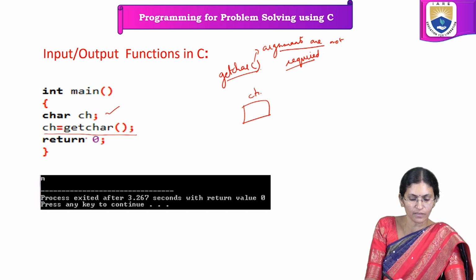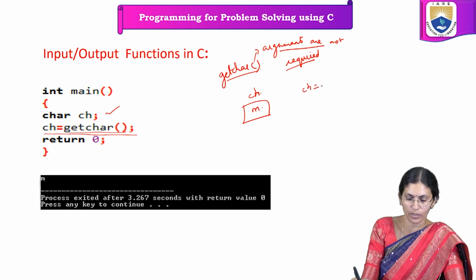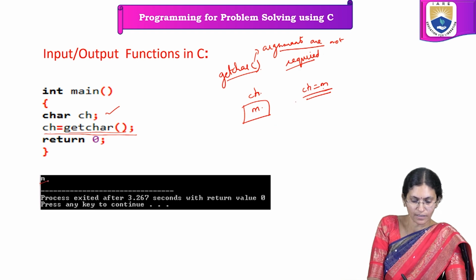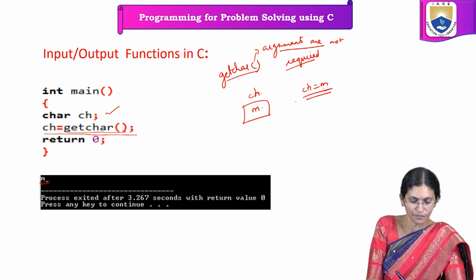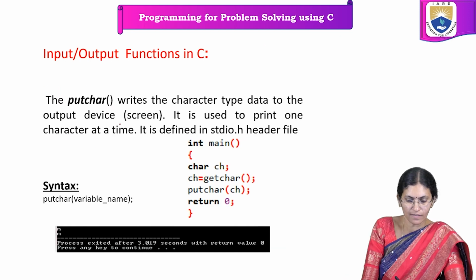With ch is equal to getchar, it will read a character from the user, and that character will be stored in ch. Suppose on the keyboard we press M. Then M will be stored in ch, so ch is equal to M now. When we press enter, as there are no statements after this, the program will come to an end.